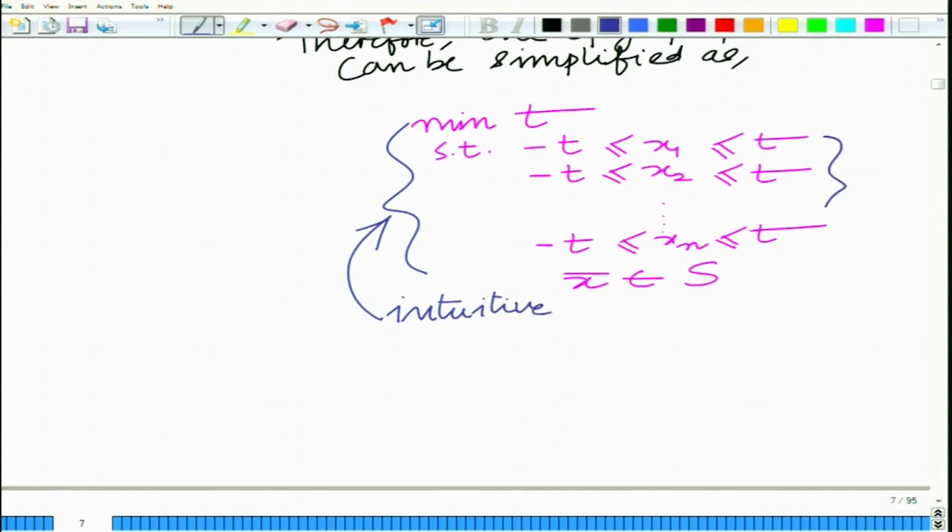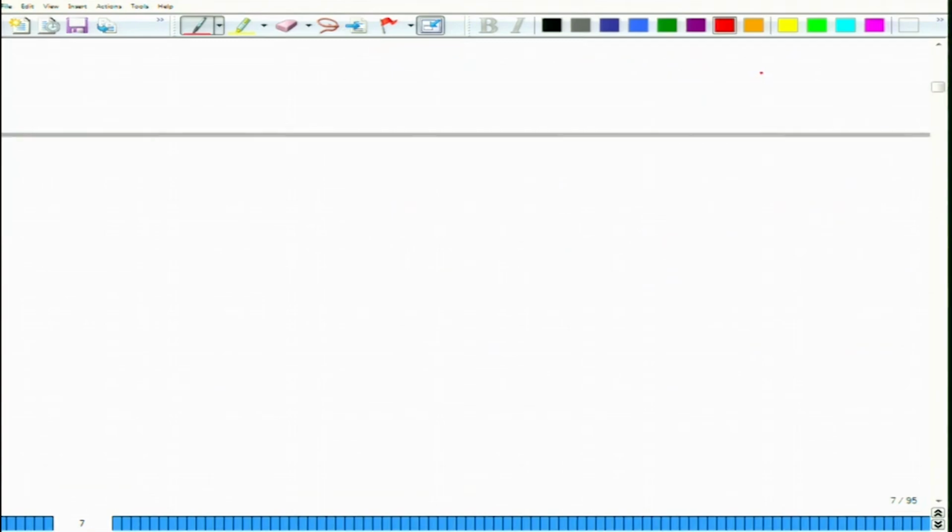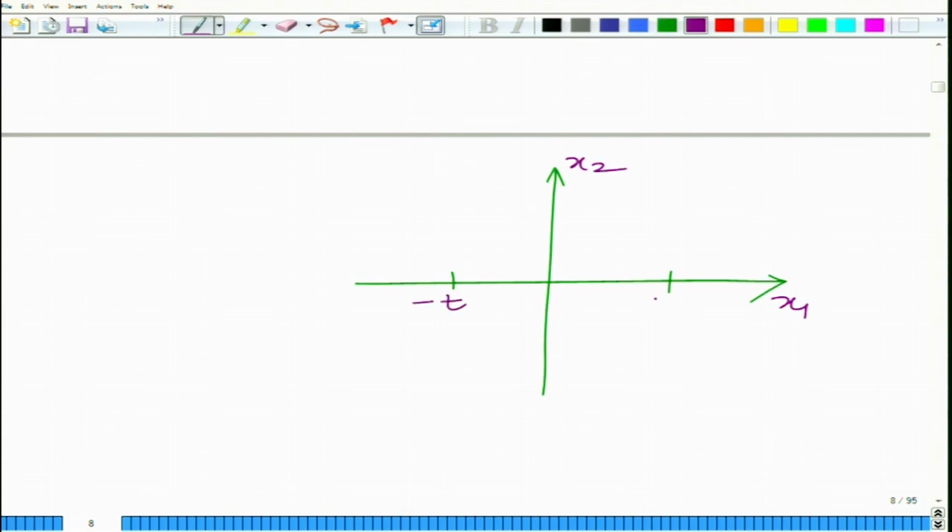If you look at these, they are some sort of box constraints. You can think of these constraints as x bar lying in a box of dimensions 2t. In fact, that is what you will see if you consider a 2-dimensional scenario. If this is your x1 and this is your x2, x1 has to lie between minus t and t, and x2 has to lie between minus t and t.